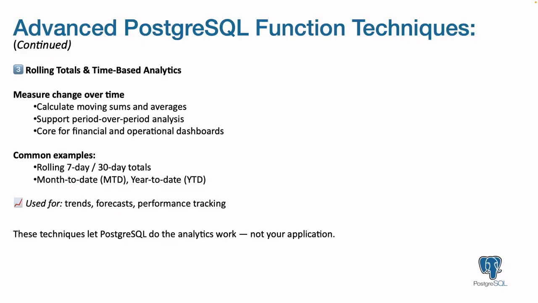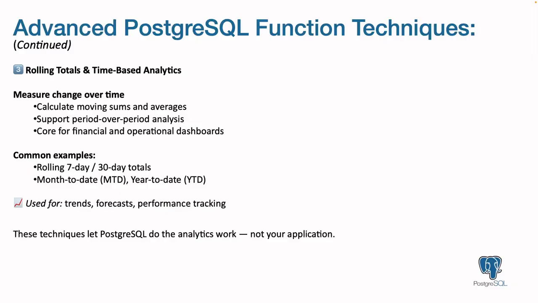Finally, let's look at rolling totals and time-based analytics. These techniques focus on measuring how values change over time, which is at the core of most business reporting. Rolling totals allow us to calculate metrics like a moving 7-day total, month-to-date sales, or year-to-date revenue. What makes this powerful is that we're not just looking at a single point in time, we're looking at trends and momentum.